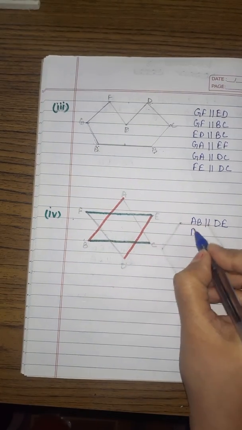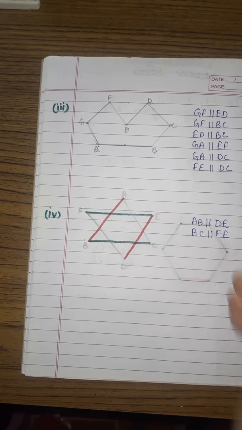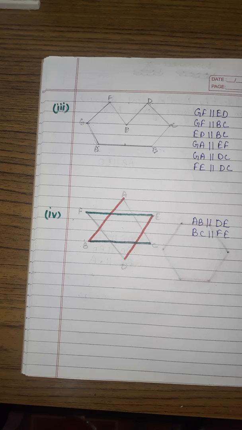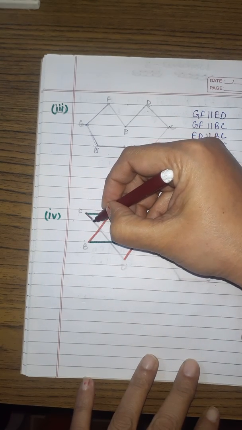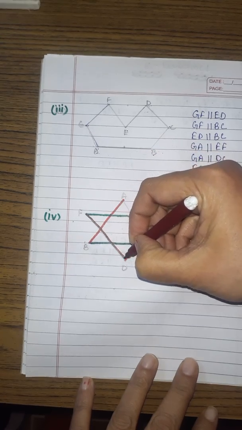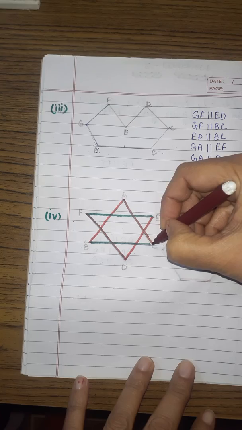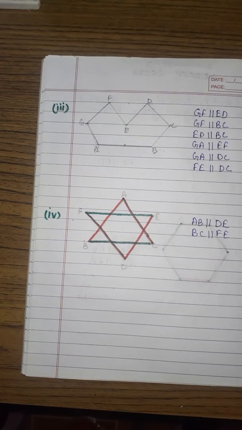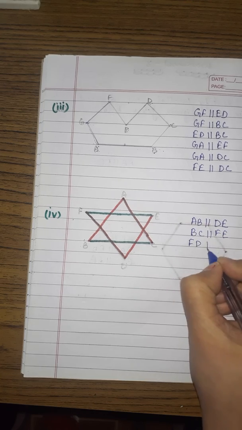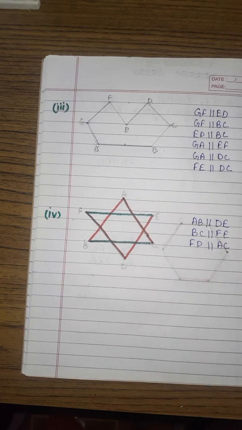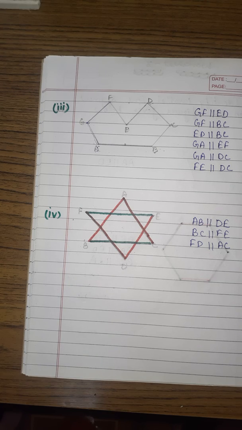BC parallel to FE. And the last one is FD parallel to AC. There is no other pair of parallel lines in this figure.